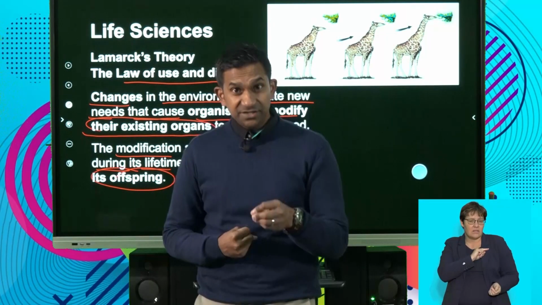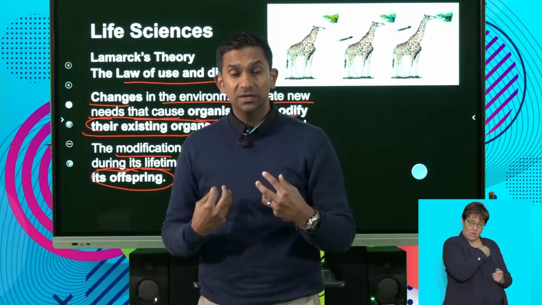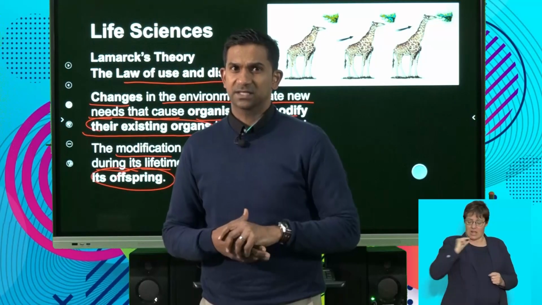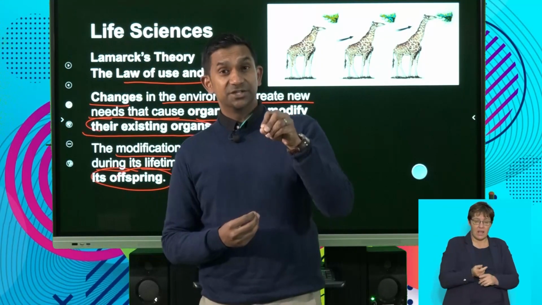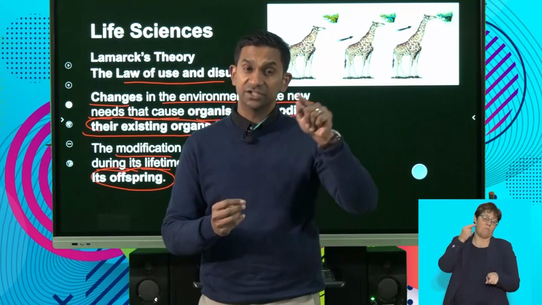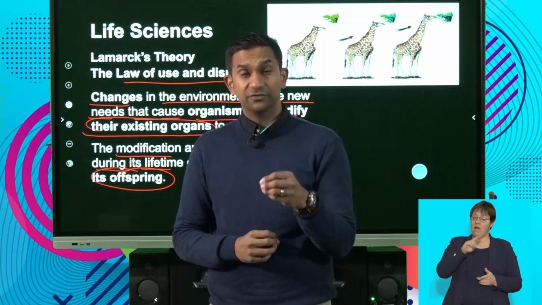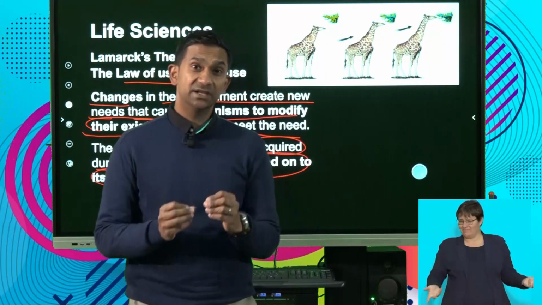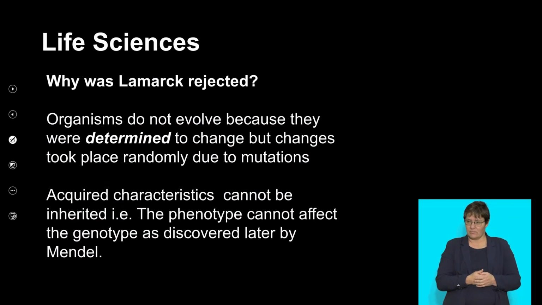Because characteristics that happen to you or changes that happen to you need to be genetically passed down. And so the genetic inheritance needs to be what drives the inheritance of characteristics from one generation to the next. And unfortunately, Lamarck was not able to convince people using his theory of acquired characteristics. So let's look at his theory.